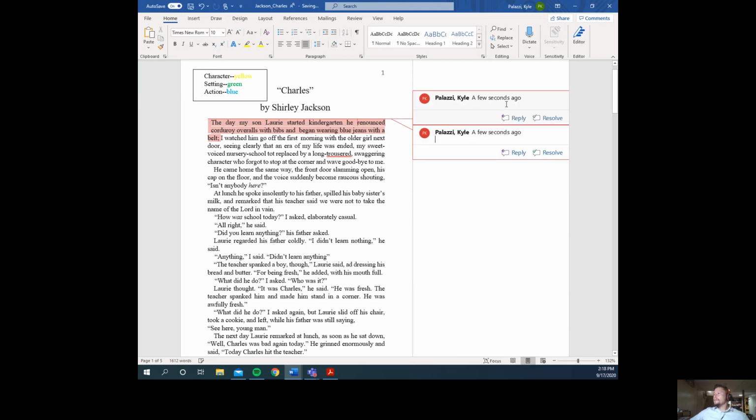I have this entire thing highlighted, and I want to give a little note as to why I'm highlighting this. We can say: tells the reader about Laurie, and as I said before, feels more grown up now that he is going to school.